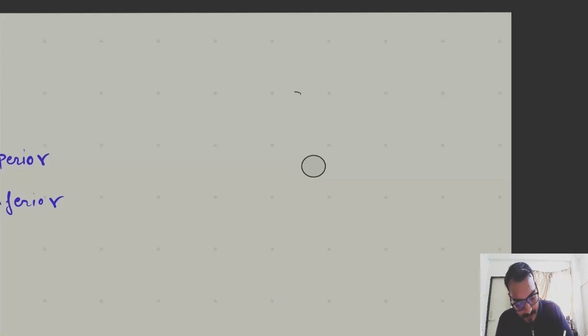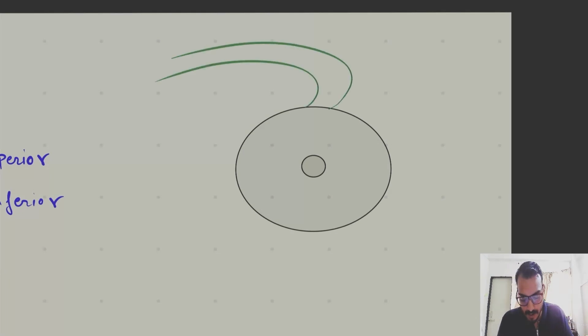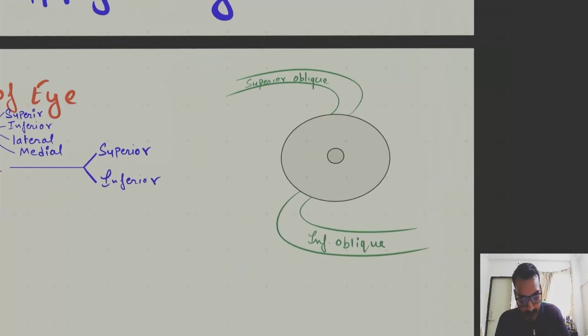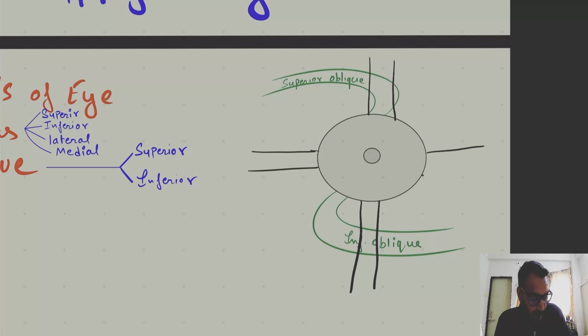We have two muscles on the superior and inferior side, which are superior oblique and inferior oblique, and we have four rectus muscles: superior rectus, inferior rectus, lateral rectus and medial rectus.